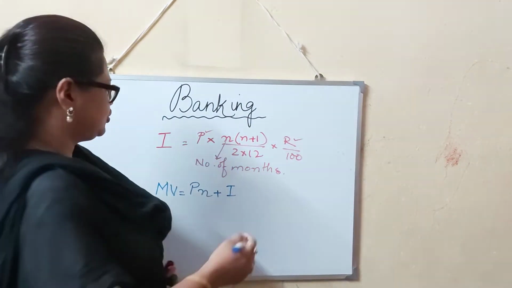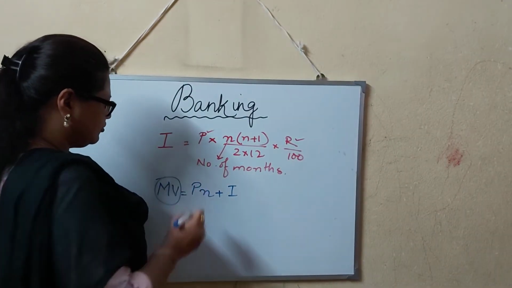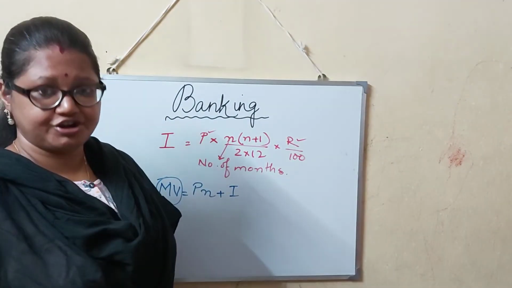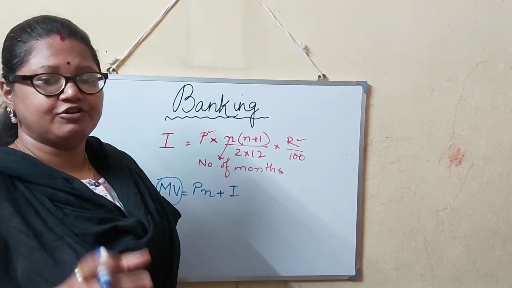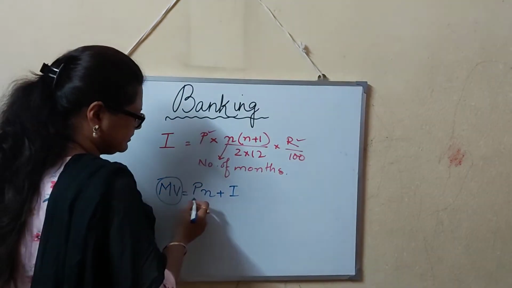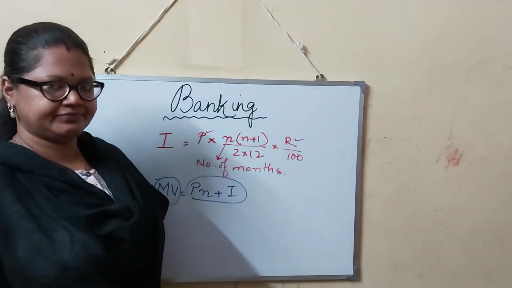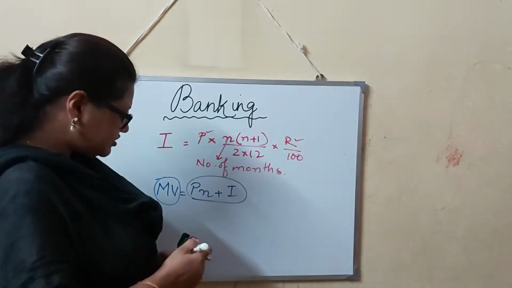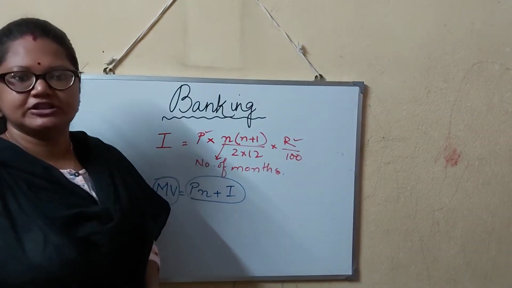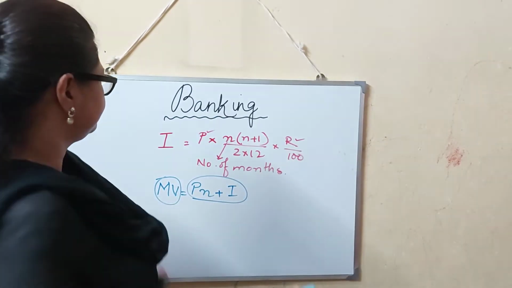Got it? So the total, your maturity value at the end of the tenure of your deposit, you get this. Based on these two formulas, we are going to do all the sums today. Let's begin.